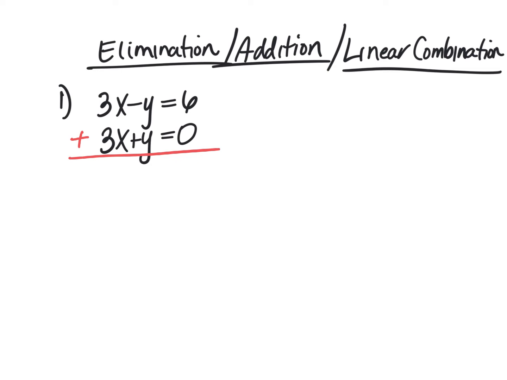I'm going to combine them. 3x plus 3x is 6x. Negative y plus y is 0. So that zeroes out, and that equals 6 plus 0. Divide by 6, and x equals 1.